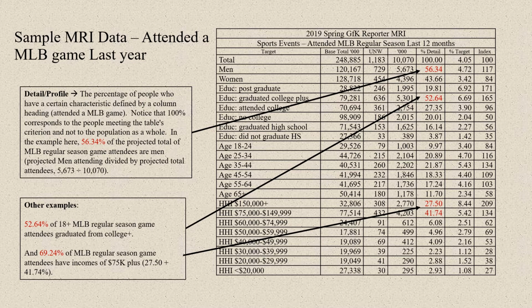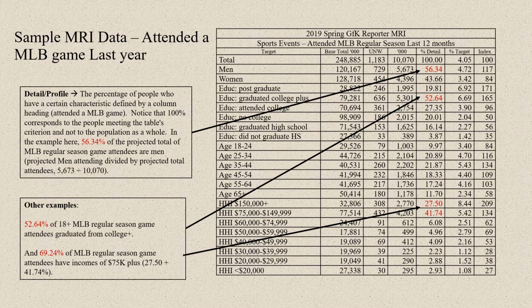If you look at the number right below that, the percent that graduated college that attended the game is 52.64%. Of course, you can see then how those numbers are calculated in each case. But each one of those is called a profile.